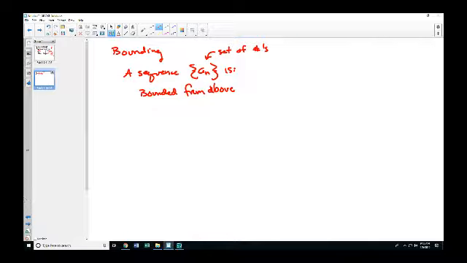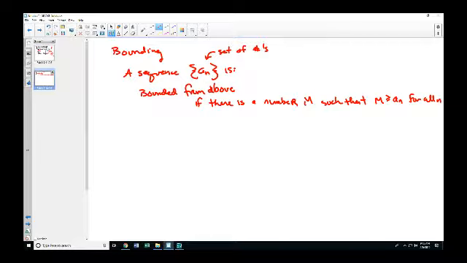There is a number m such that that number m is bigger than any output the sequence gives.